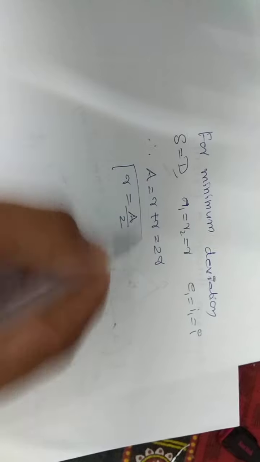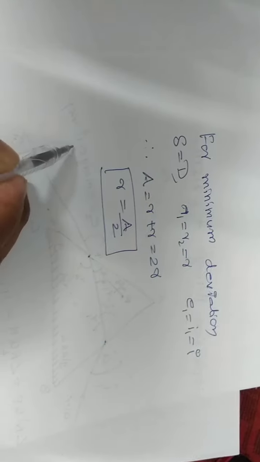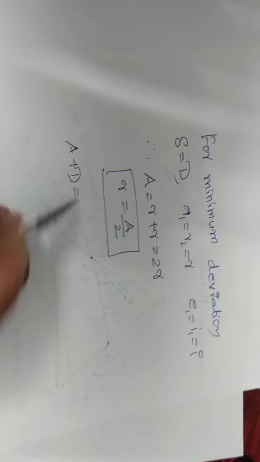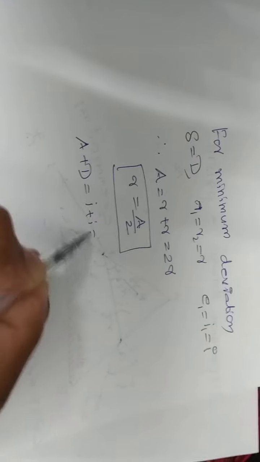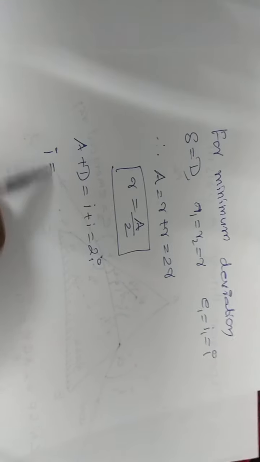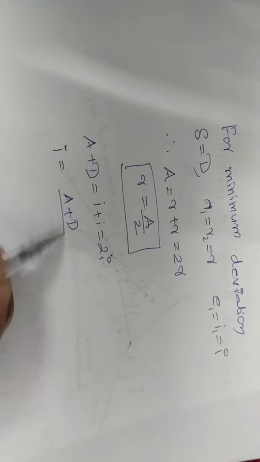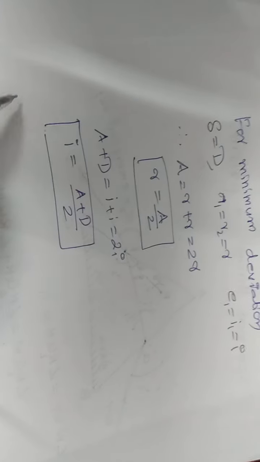R is equal to A by 2. Similarly, A plus D is equal to I plus I is equal to 2I. So I is equal to (A plus D) by 2.